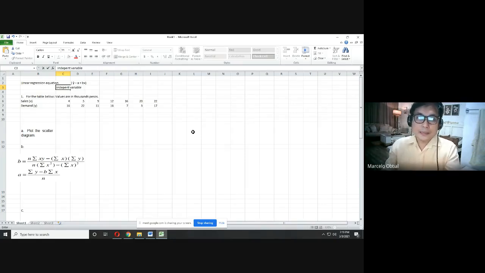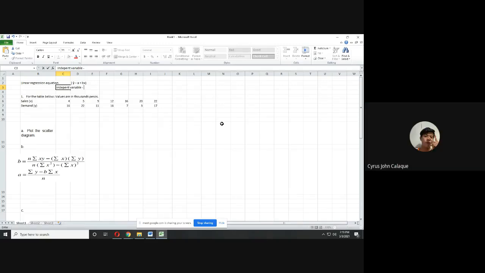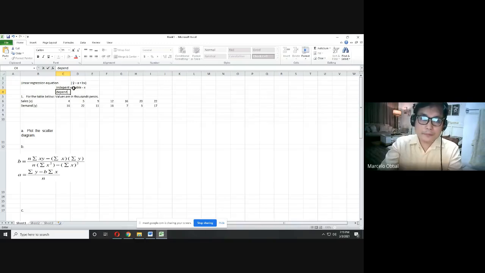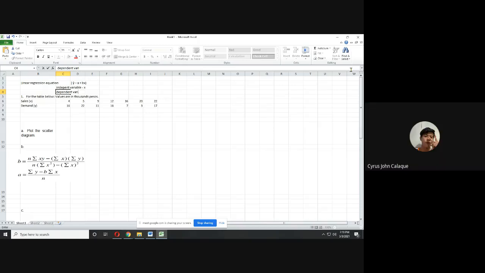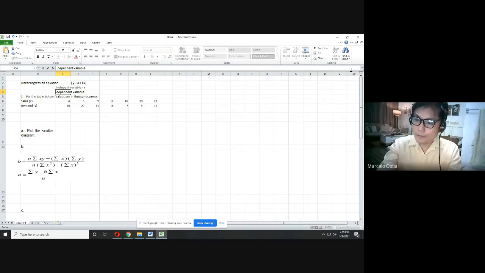Do you have an idea? What is independent variable? Is it y or is it x? X. Okay, x. It follows that the dependent variable is y. Okay, I'll change na lang here para mas maintindihan ng lahat.